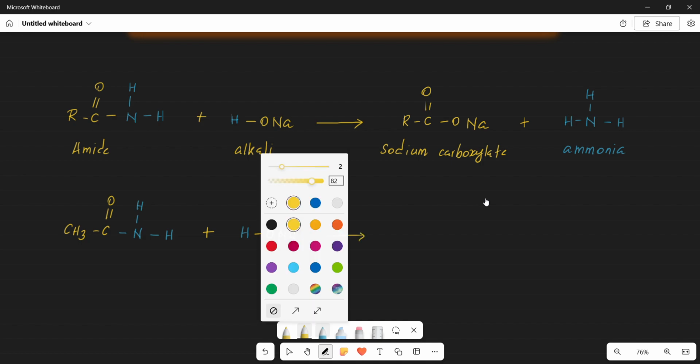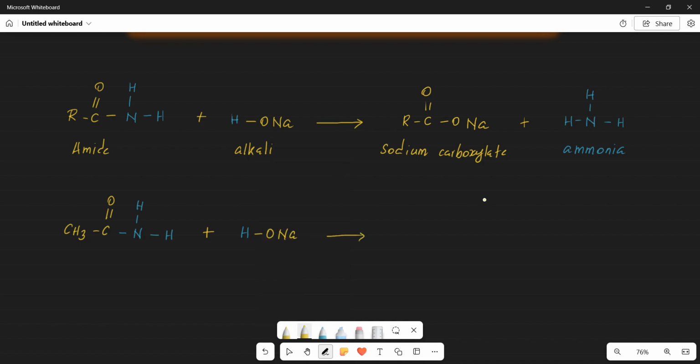So the products will be sodium carboxylate, here it is ethanoate, because it is the sodium salt of ethanoic acid. So sodium ethanoate, and I have taken ethanamide, which is a simple amide, and I have sodium hydroxide, which is the alkali.